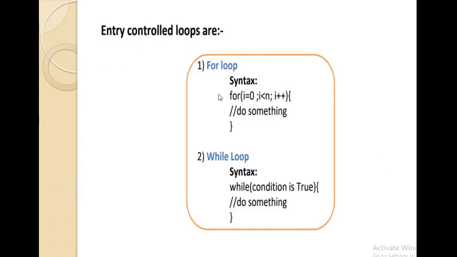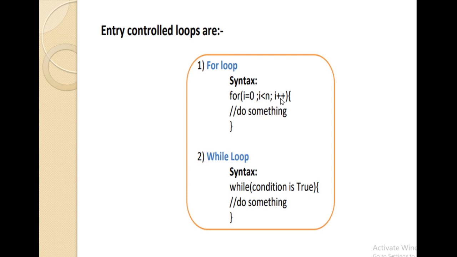In entry controlled loops, first we will see the for loop. Syntax: to write a for loop, first we use for, then initialization, i is equal to 0. We can give i as 1 or any number, whichever you want to initialize, i equals 0, i equals 1, 2, and so on. Then the second part is the termination condition. The loop will work according to this condition.